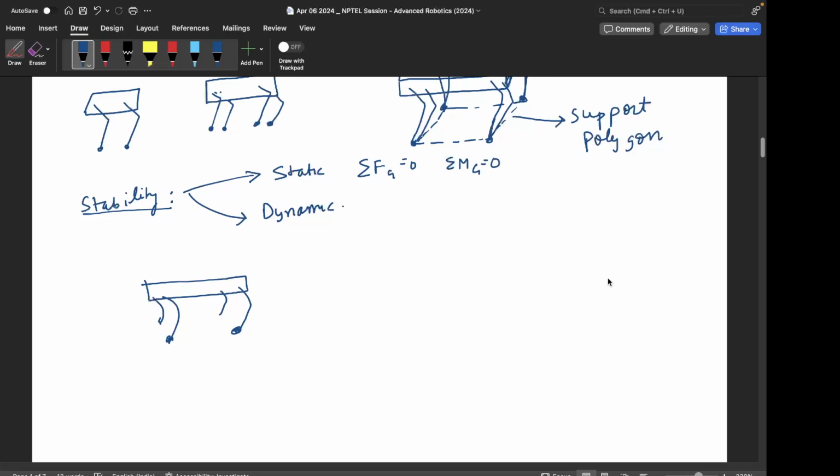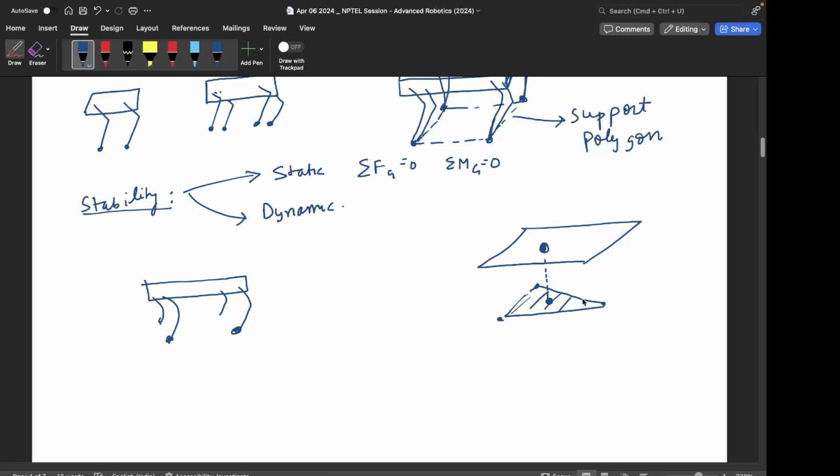Okay, so in case of a quadruped robot, as you would imagine, we would need to have three legs on the ground in order to ensure static stability, right? Three legs on the ground, and the center of mass projection should be inside that support polygon.